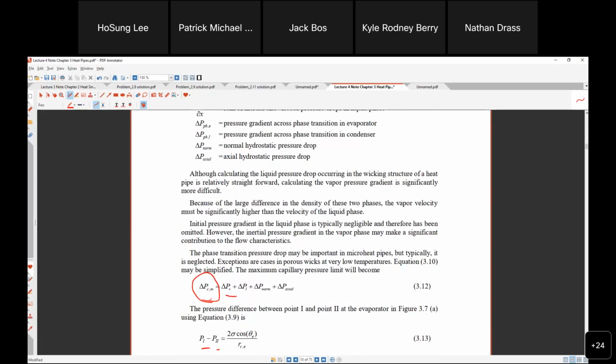Then there is a pressure drop in the vapor, a little bit, and then a liquid pressure drop, some pressure drop. And then there is the normal and axial. If the pipe has some gravity effect, an angle, and the pipe is large, it's possible, then static pressure here and here, some normal.